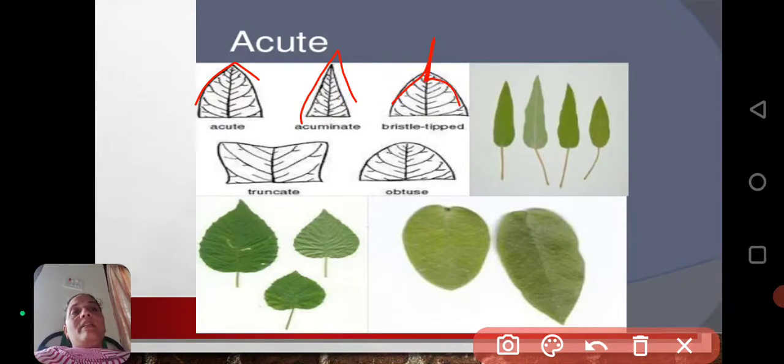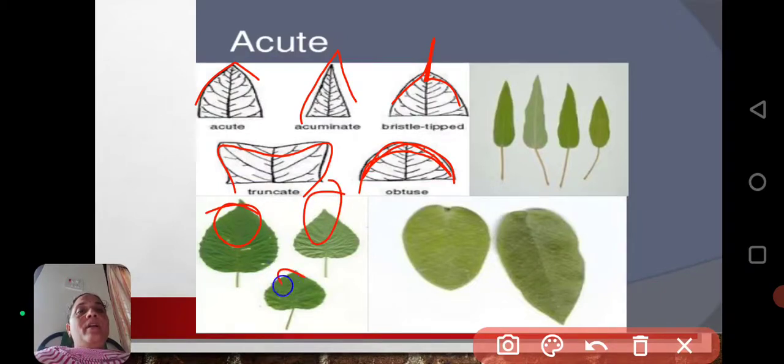And truncate is like this, and the obtuse has a blunt end. So this is acute. So these are acuminate leaves, acute leaves, and obtuse leaves.